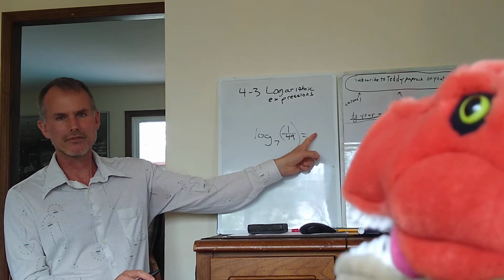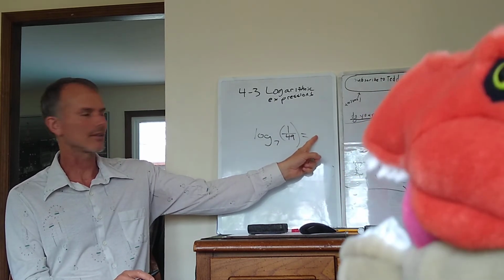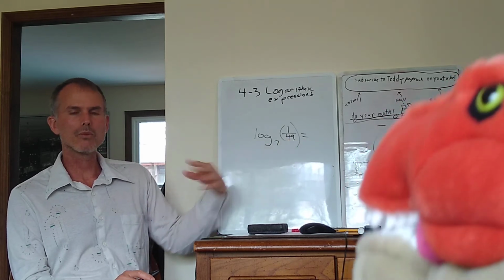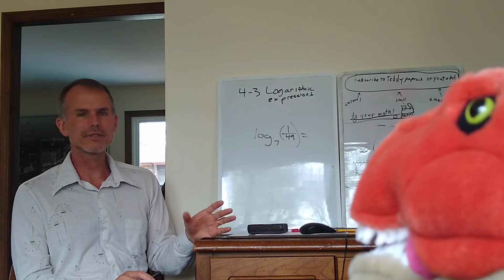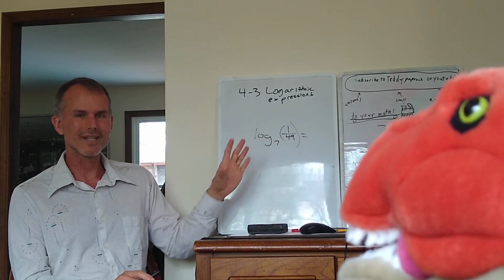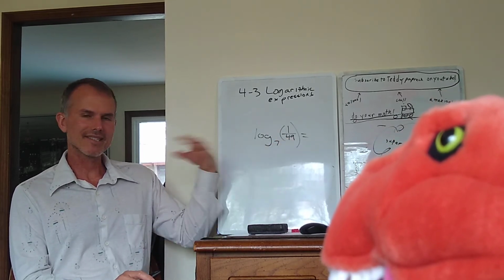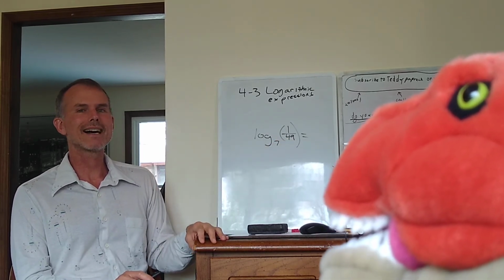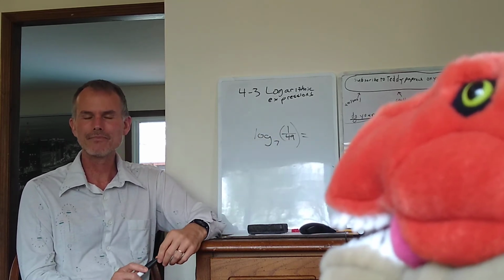This has to be an exponent over here, and 7 raised to this power has to equal the number 1 over 49. Now, please just remember what a negative exponent means. I know that 7 to the second power would give me 49, but my argument is not 49, it's 1 over 49.